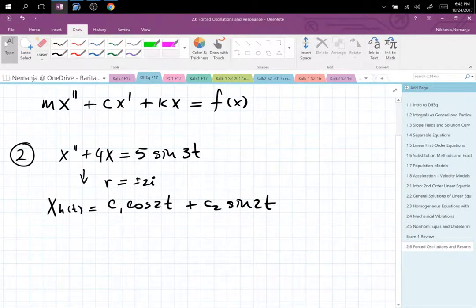So now we can work out either undetermined coefficients or variation of parameters.